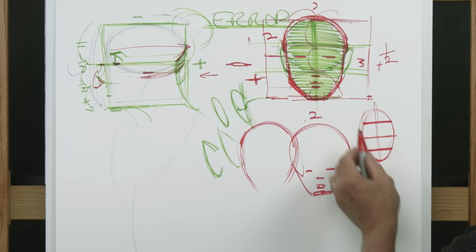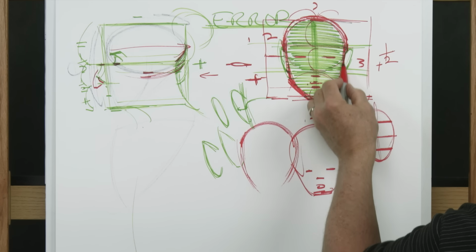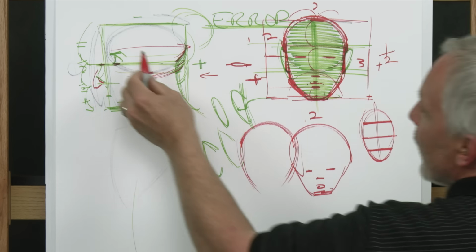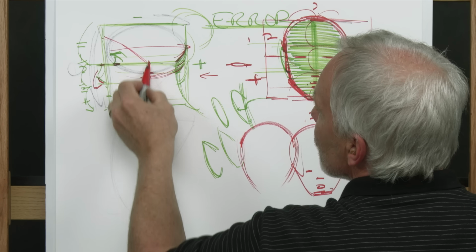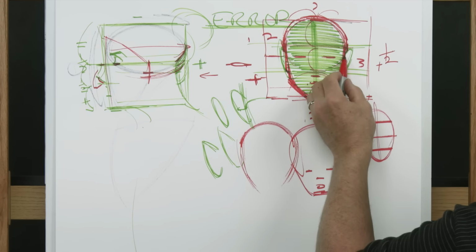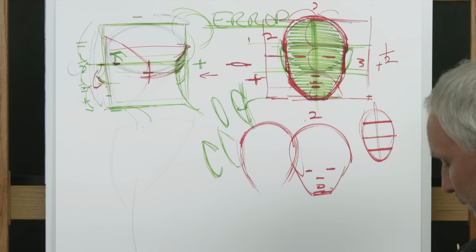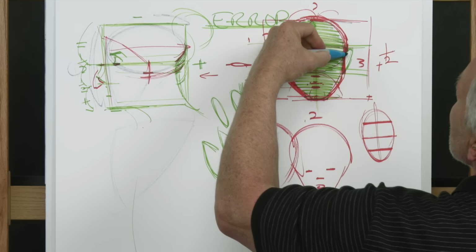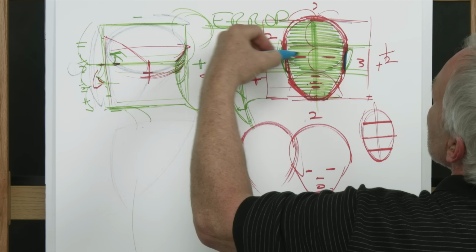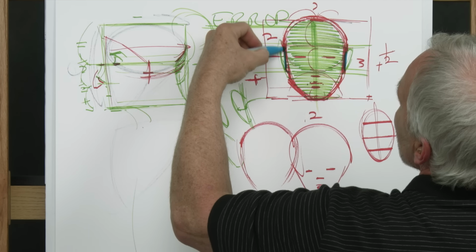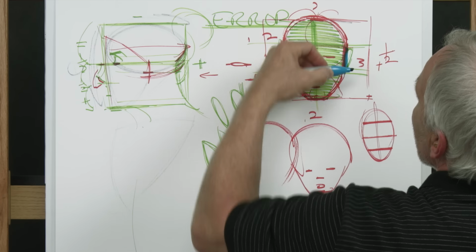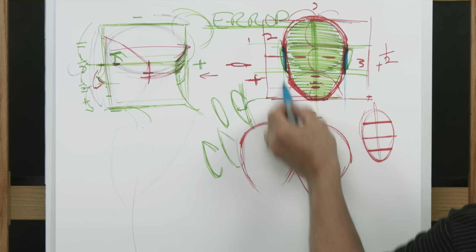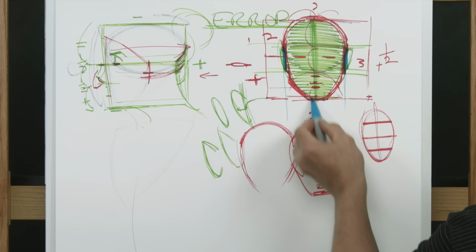The other thing I'll do sometimes is add that squarer mask of the face that we talked about earlier, squaring this out a little bit. When I do that, notice how this line and this line are now parallel to each other, and in fact, they're parallel to the center line.